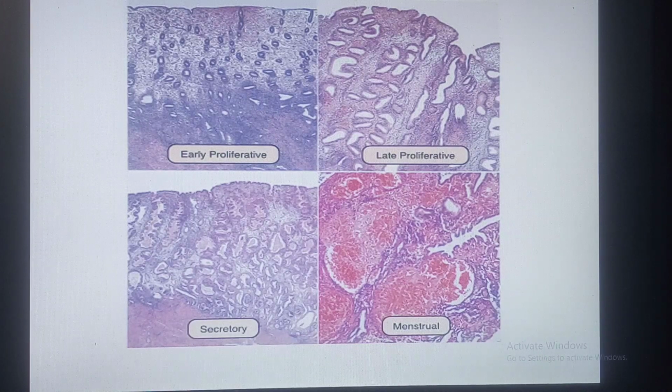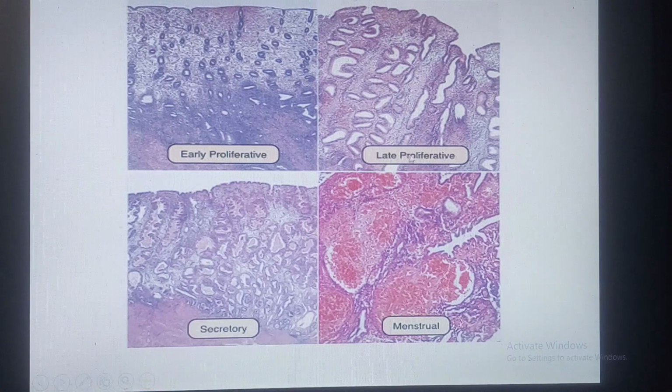Now, if we look at the uterine cycle, as I've already hinted, we are going to have the early proliferative phase. It's under the influence of follicle stimulating hormone, but actually the hormone which is going to help cause increase in glandular formation will be coming from the estrogen, estradiol. So you can see that the glands have begun forming.